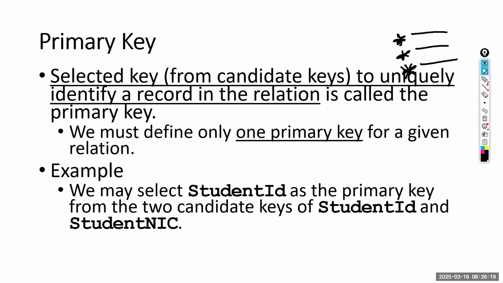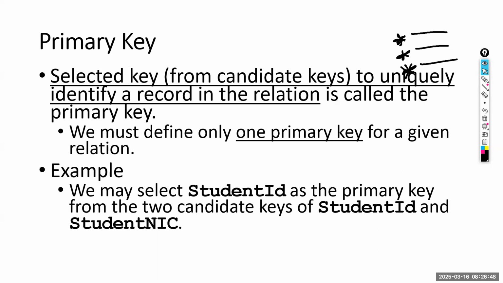Also, the primary key value must not be changed once you have entered it. That is another important property. So usually we don't change primary keys, and we need control of the primary key. Ideally, we must be able to generate that value. We call that a surrogate primary key. But it's not a must, just a good practice.